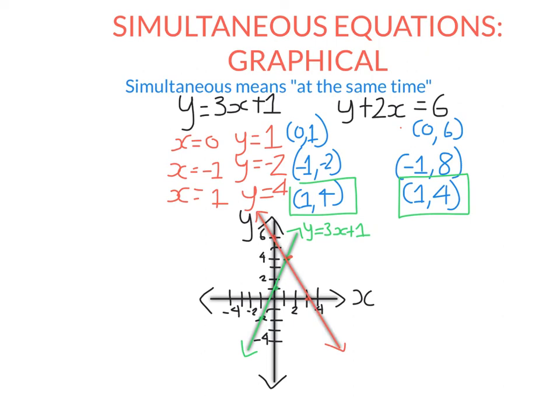So joining up, I get this line here, y plus 2x equals 6. So these 2 lines intersect here at the point 1, 4. Because this line is all the solutions to this equation, this line is all the solutions to this equation. So where they intersect is at a point that is a solution to both equations.